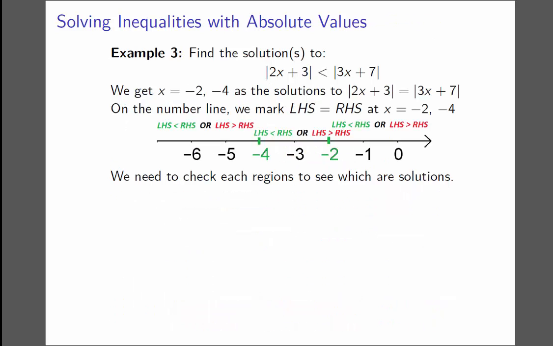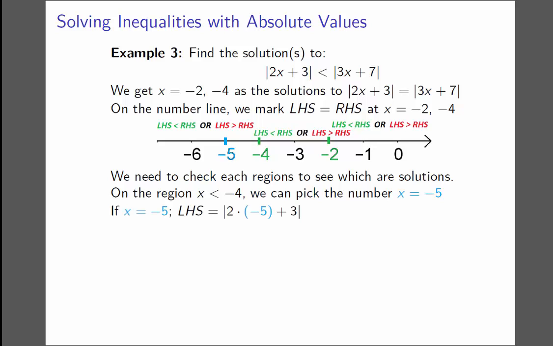To check which regions have solutions, we'll start with the first one, x is less than -4. Here, we can pick the number x equals -5. For x equals -5, we can compute the left-hand side as the absolute value of 2 times -5 plus 3, which is the absolute value of -10 plus 3, which is the absolute value of -7, which is 7.